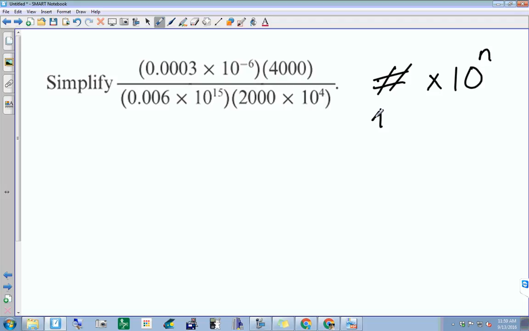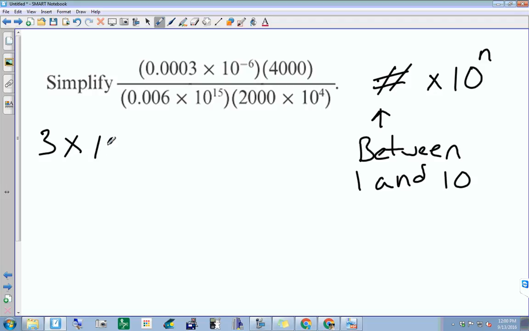Now this number here has to be between 1 and 10. Okay? It's not going to be 10 and over, because 10 will just get changed into a 1 with a different exponent.